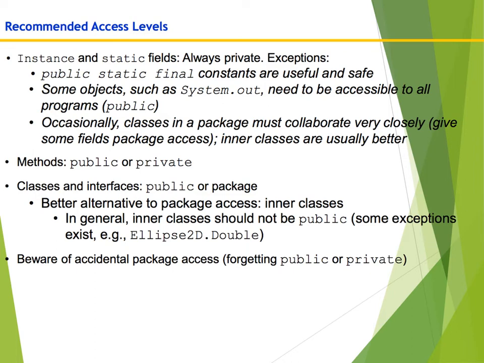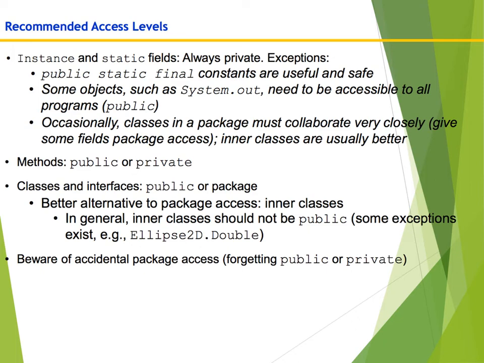So here are some recommendations for specifying access controls. For instance, for static fields, always use private, but there are some exceptions. For example, a constant variable, which is public static final, can be public because it's useful and it is safe since no one can change it.